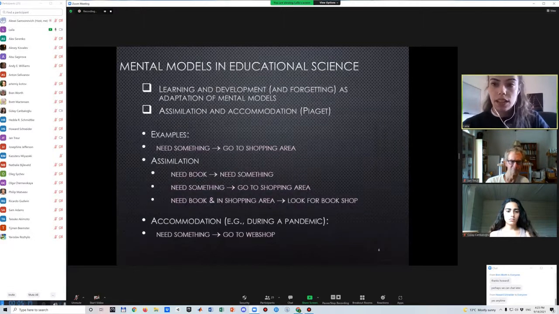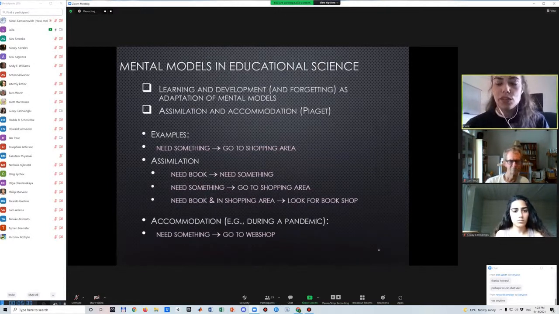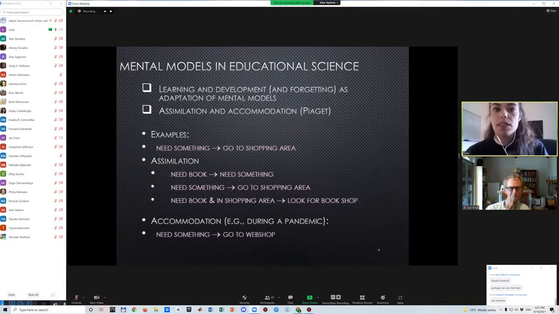So let's continue. We now kind of know what different kinds of mental models are. And now I will discuss how this works in educational science and anything related to learning these kinds of mental models. So there is a lot of literature on mental models in educational science, although they're not necessarily always called mental models.